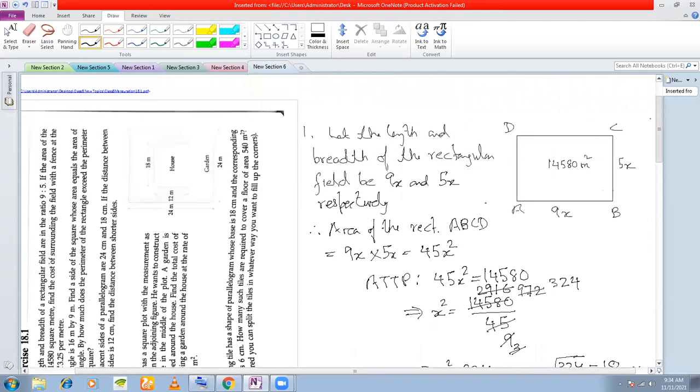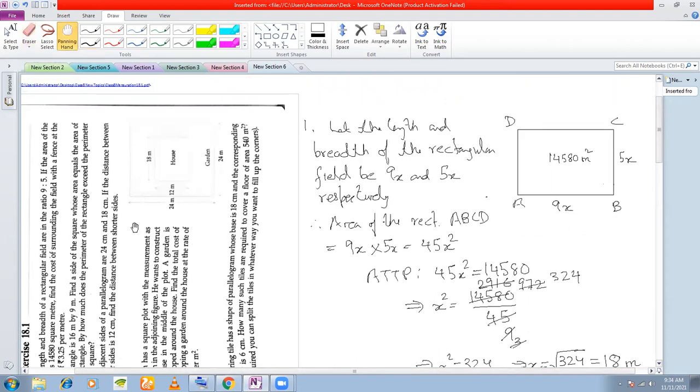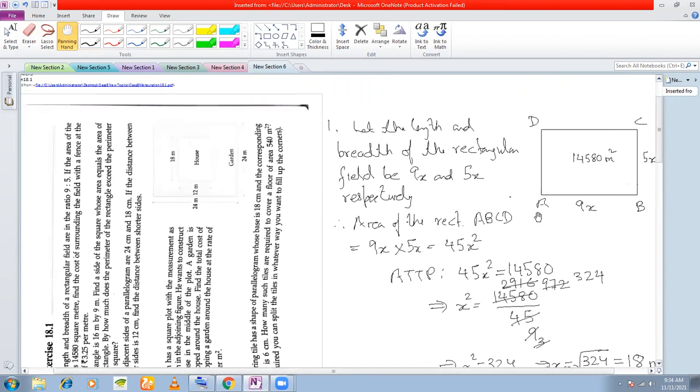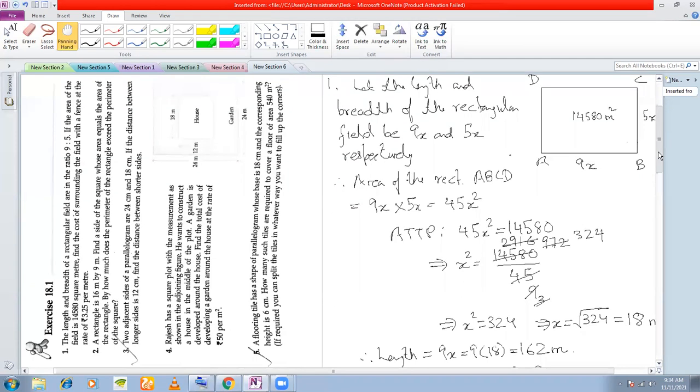Now the question is, what should be the cost of fencing this? We have to construct a fence along all the 4 sides here. How much is the cost given? At the rate of 3.25 per meter.